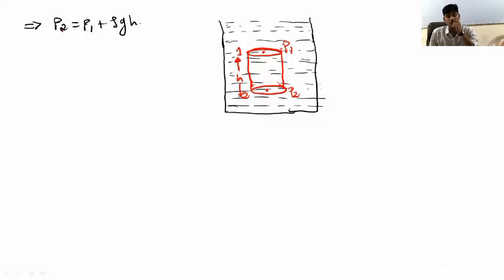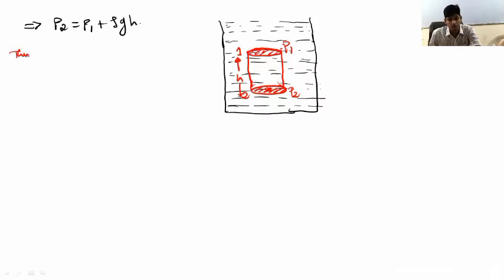You can observe pressure at point 2 is pressure at point 1 plus rho g h. That is, pressure at point 2 will be greater than pressure at point 1. At point 2, the pressure will be greater than that at point 1.